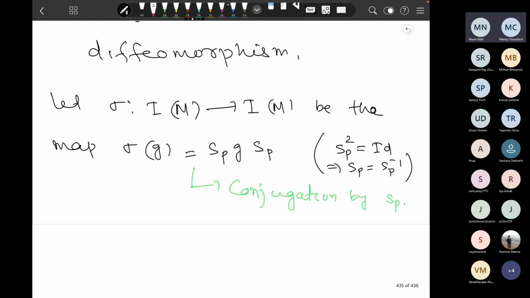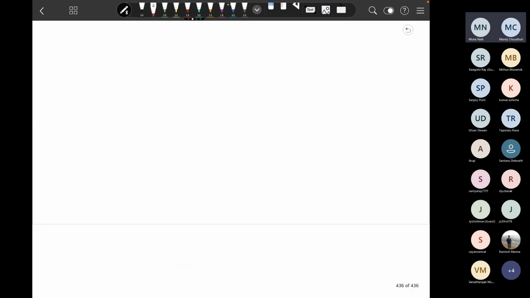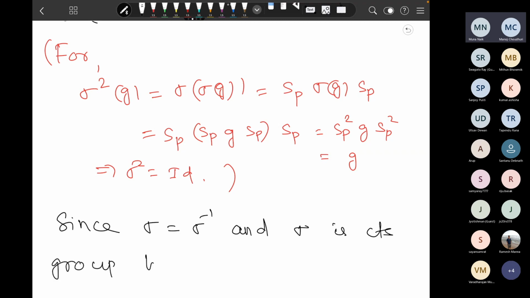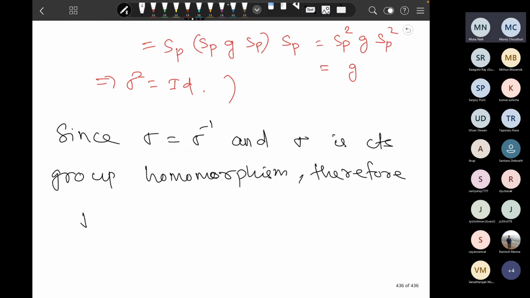But since sigma is a continuous map, and this is a group homomorphism, it maps identity to identity. Therefore, sigma will map the connected component to the connected component. Okay, and since sigma is equal to sigma inverse, and sigma is a continuous group homomorphism, therefore sigma of G is equal to G. Okay.